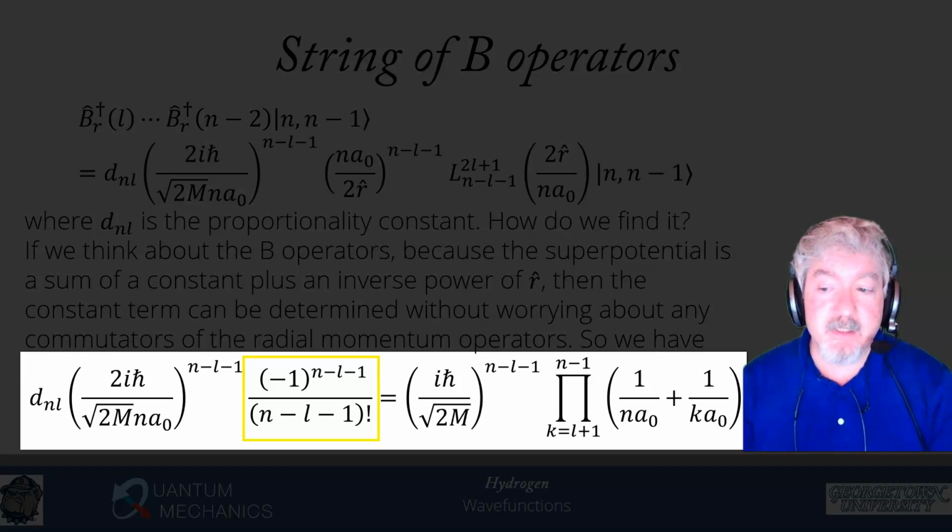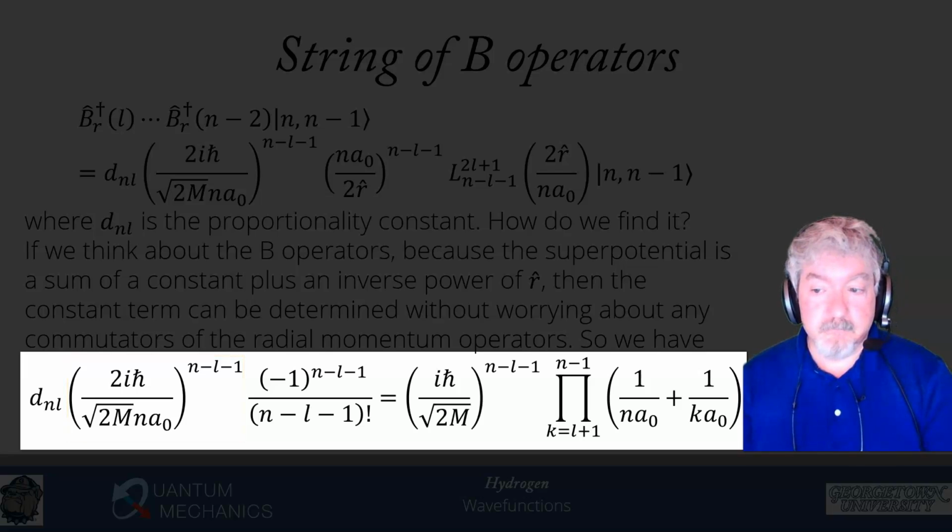What I meant is, in this case, since m is n minus L minus 1, when j is equal to n minus L minus 1, I'll get the remaining prefactor, which was a minus 1 to the m over m factorial, which becomes minus 1 to the n minus L minus 1 over n minus L minus 1 factorial. And then we just have to remember that this term has these other constants in front, the d n L and this 2 i h bar over square root of 2m n a0 raised to the n minus L minus 1 power. Now these guys are equal. So we just have to calculate what they are, and that will determine what d n L is.